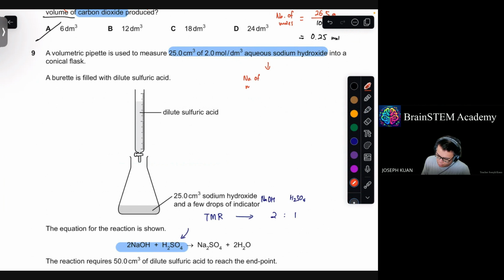How can you find the number of moles of this particular chemical substance? By taking the volume multiplied by the concentration. So it's 25.0 multiplied by 2.0. But because these two are of a different unit, you need to convert 25.0 cm cubed to dm cubed first, by dividing by 1,000.